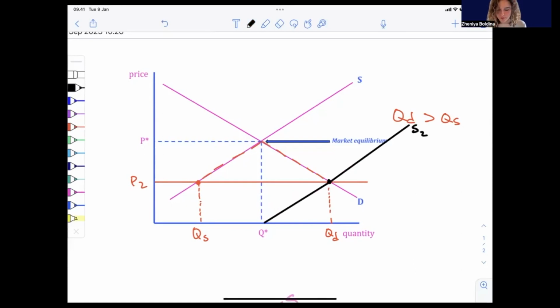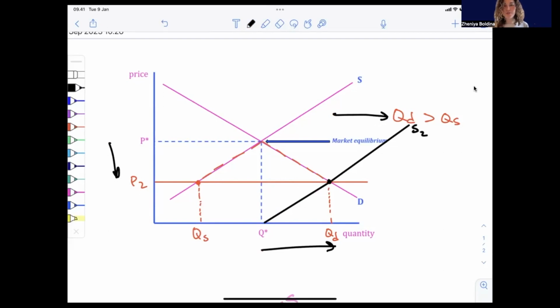It's not drawn straight, but we can see that it simply shifts to the right, and as a result, there will be more supplied quantity and more demanded quantity in the market. So it increases to the right, while our price decreases to P2.